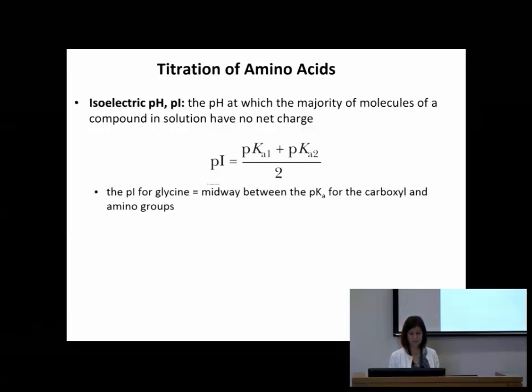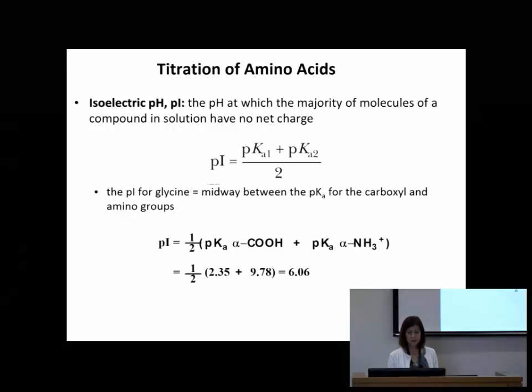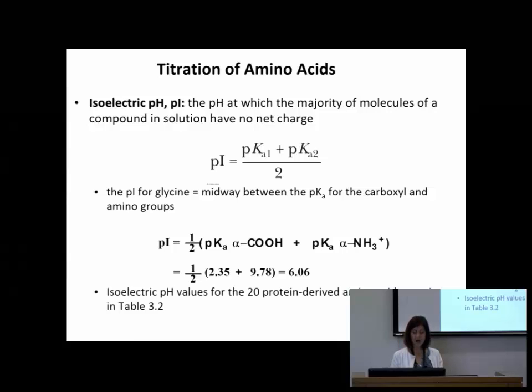It's midway between the pK for the acid and the amine group. So you just average the two. Not so hard. The isoelectric point is a very, very important parameter for our proteins and our amino acids.